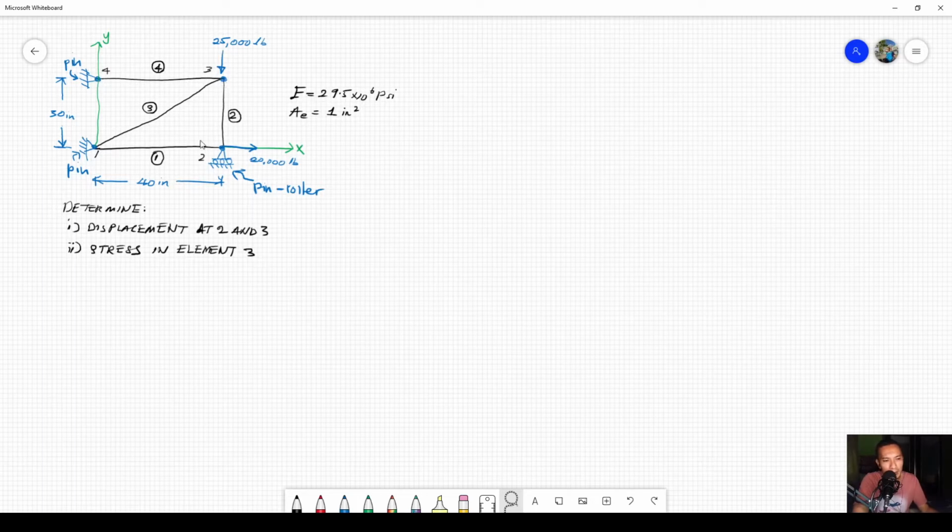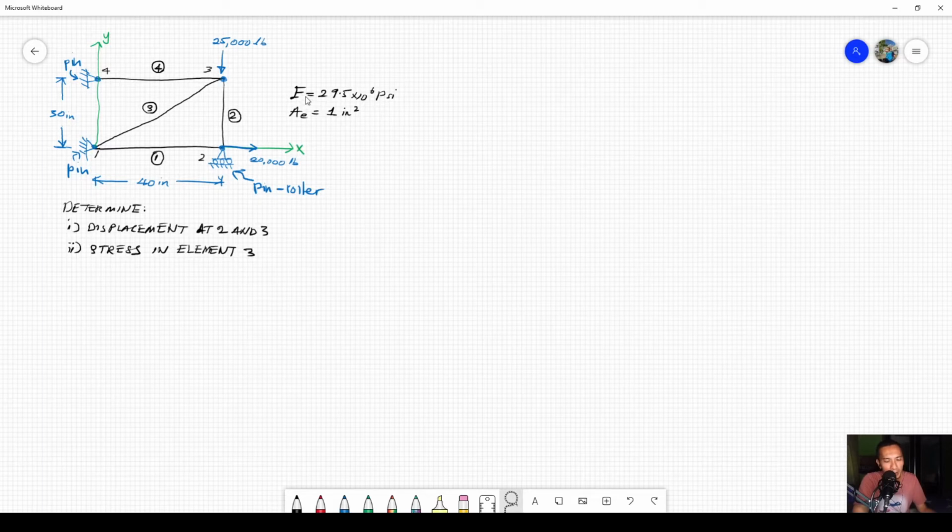At node number 2, there is an external load applied horizontally in the x direction with 20,000 pounds. And at node number 3, we have an external load applied vertically pointing downward at 25,000 pounds.